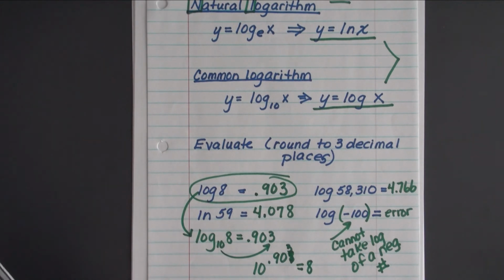Now go ahead and calculate that on your calculator. Do 10 to the 0.903 power. And you should get something that's very close to 8. We won't get exactly 8 because we rounded our number.